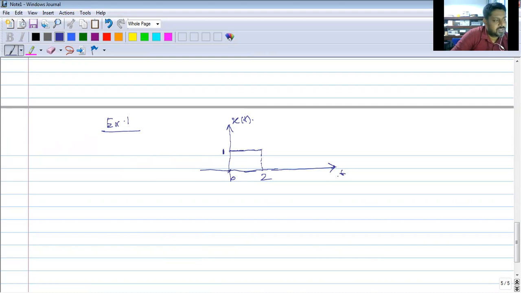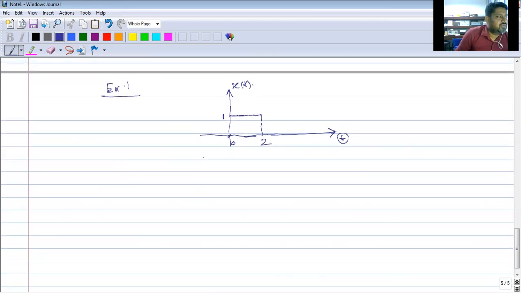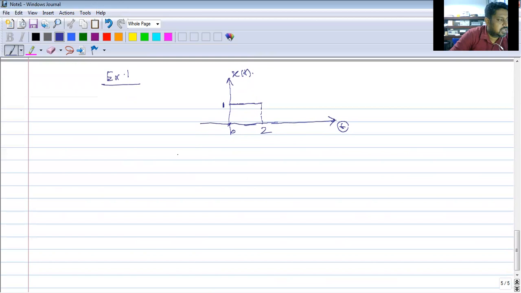You can see that we are doing time transformations, which do not affect the amplitude of the signal. They always affect the time values, not the amplitude values. Now we have to find the time shifted signal, the time reversed signal, and the time scaled signal.